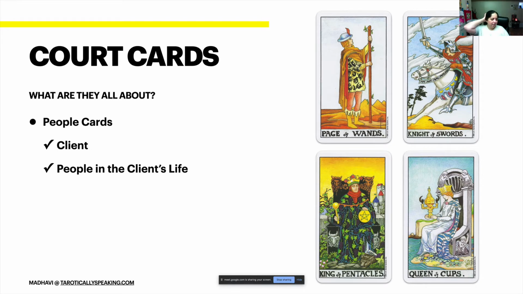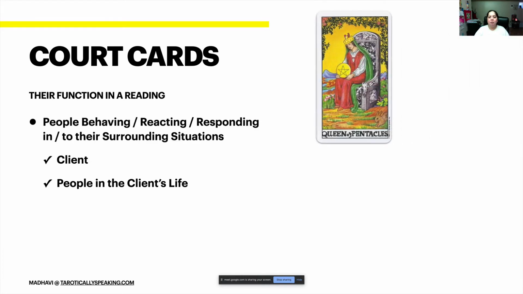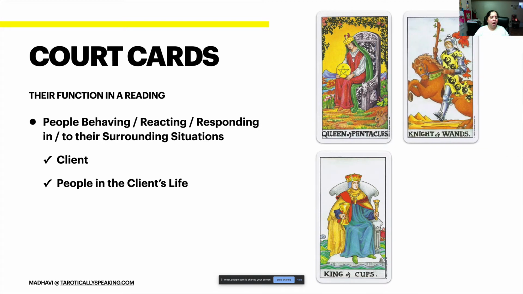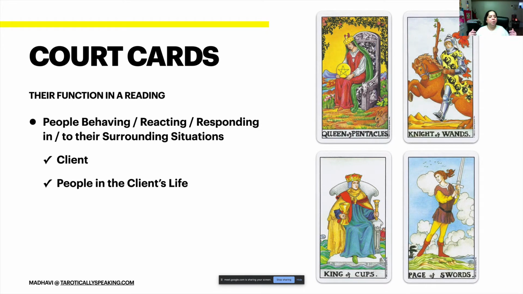Occasionally you'll know, oh, this is someone else in your life. Oh, this is you. Literally, the court cards are showing how people behave, react, and respond in and to their surrounding situations. That's all they're showing.